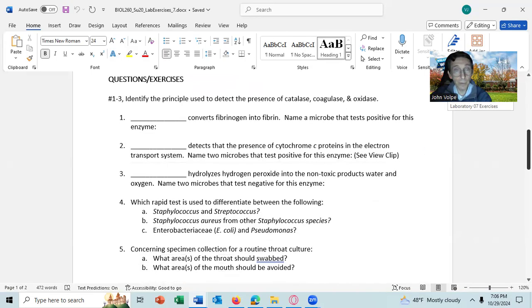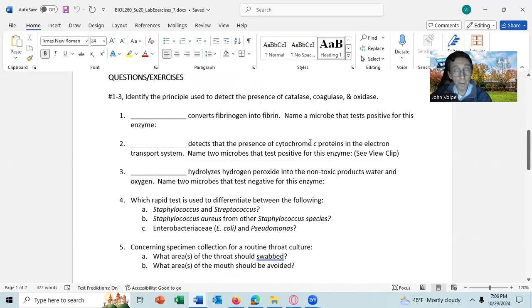So answer the questions. Questions 1 through 3 are looking at the enzymes catalase, coagulase, and oxidase. So in 1A, discuss which enzyme converts fibrinogen into fibrin. And then 1B, name a microbe that tests positive for this enzyme. In 2A, name the enzyme that detects the presence of cytochrome C proteins in the electron transport system.